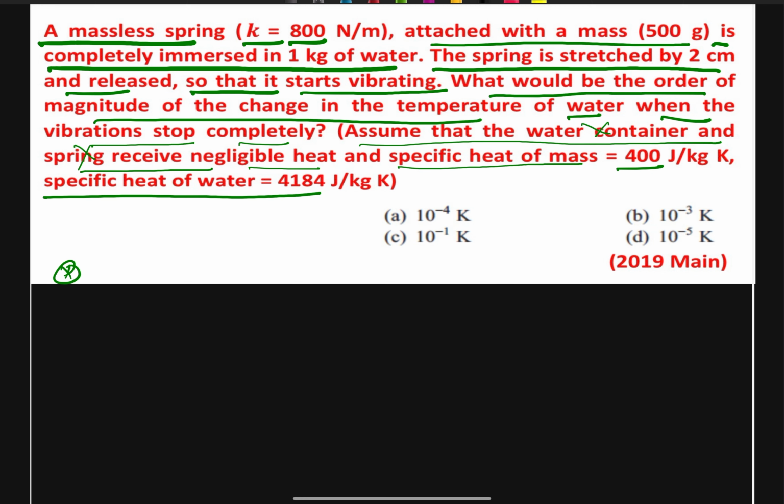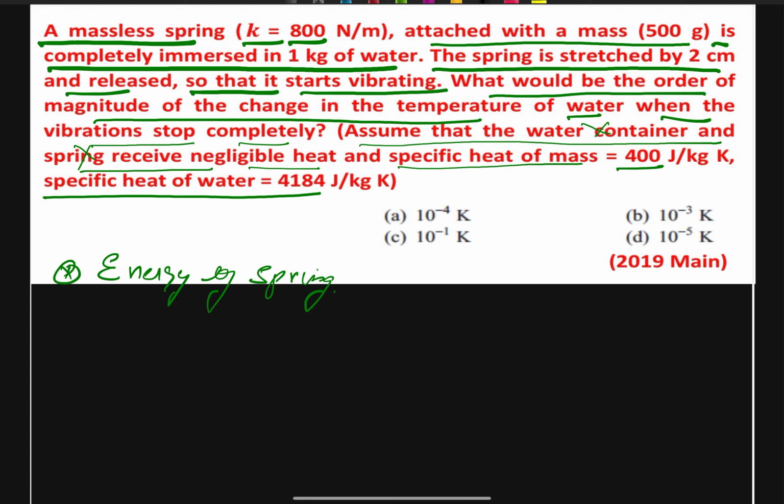So we can say energy of the spring, and in this case we have to remember that this energy of the spring will also be the energy of the mass, because the mass is vibrating with the spring.